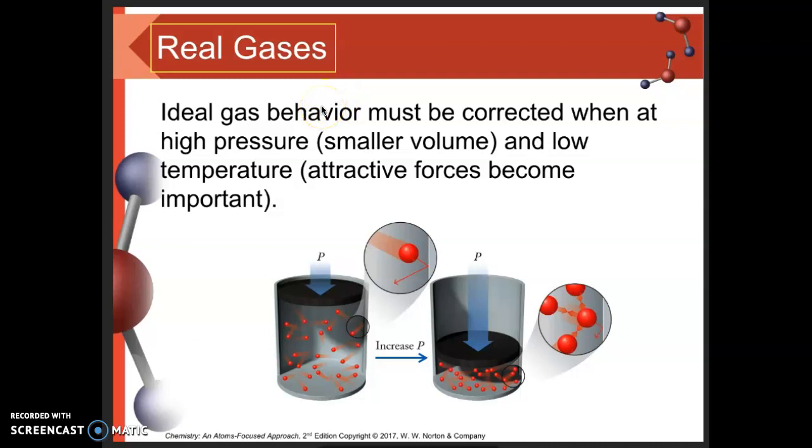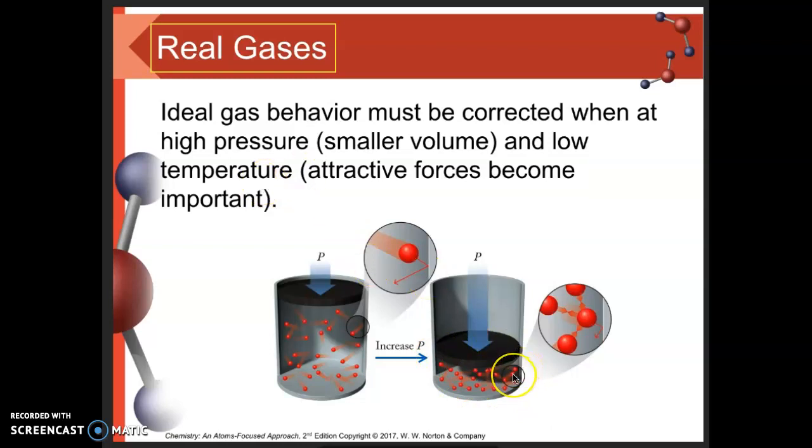There are two particular scenarios where real gas behavior must be accounted for. They have to do with fundamental assumptions made by the kinetic molecular theory. The two conditions are when we are at high pressure, that is, our volume has been decreased considerably, and when we're at low temperature.